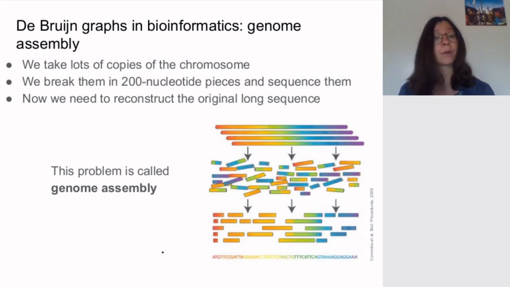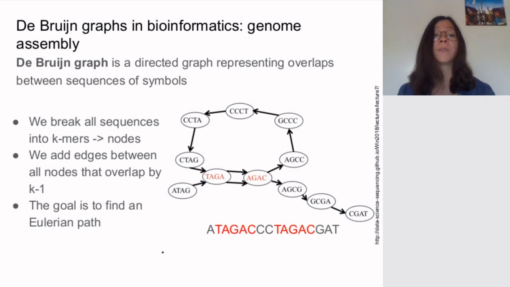But now we have all of these millions of reads, and we need to reconstruct the original long sequence of a chromosome. This problem is called genome assembly, and the way this problem is currently solved is through application of de Bruijn graphs. A de Bruijn graph is a directed graph representing overlaps between sequences of symbols. So how does it work?